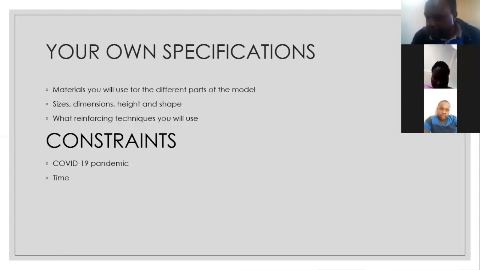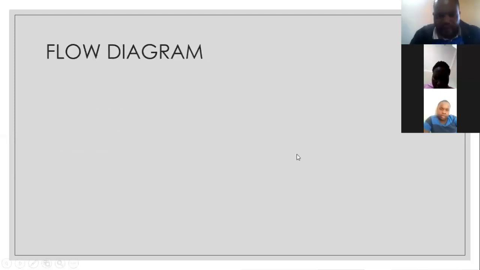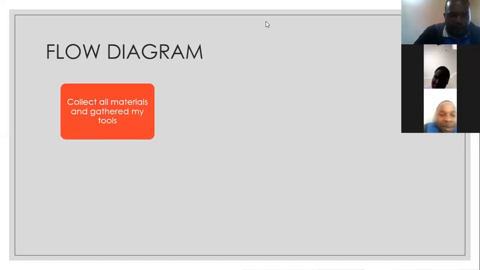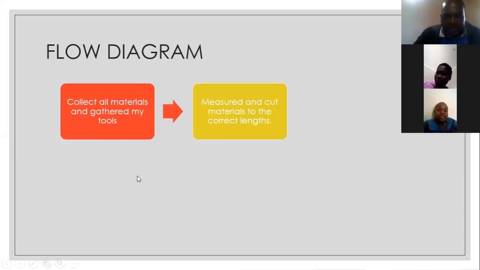Okay, now let's move on. Resources. We might be unable to get the resources we need. And then the flow diagram. You have to complete the flow diagram. The first thing I did was collect my materials. After that, I measured and cut my materials to the correct lengths.